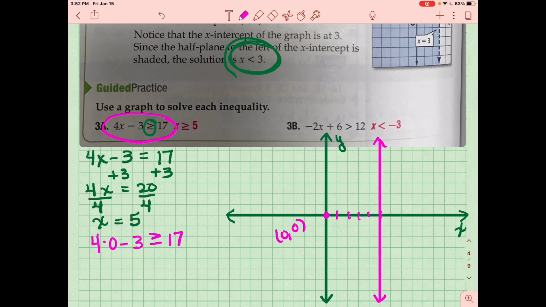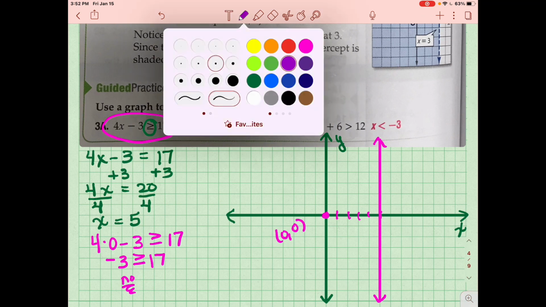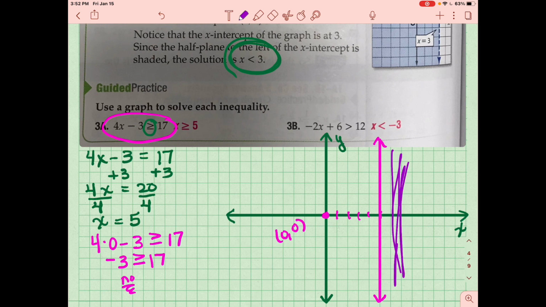equation up there. 4 times 0 is 0, so I get negative 3 is greater than or equal to 17. No, I don't think so. So we are not going to color where our test point is. We are going to color on the right. So coloring over here like this.